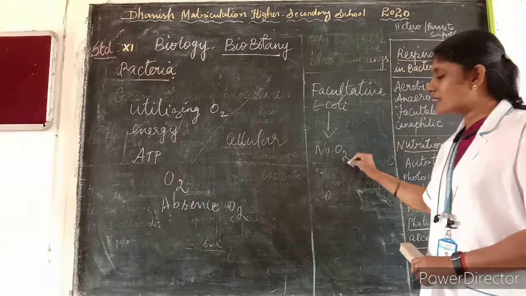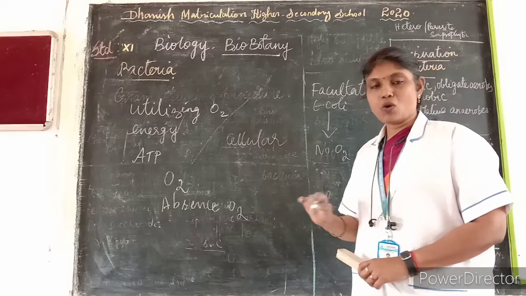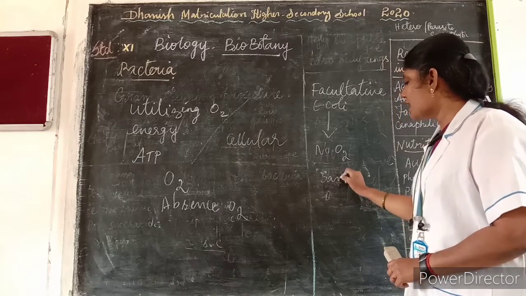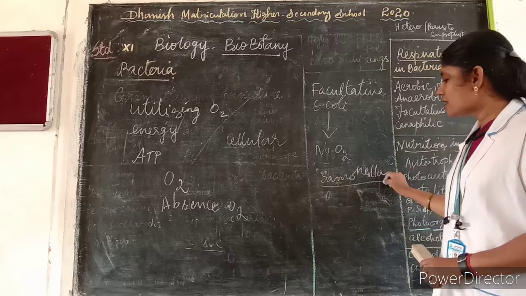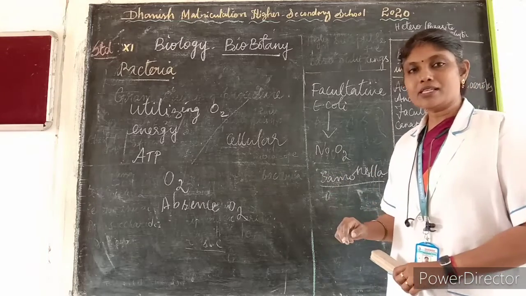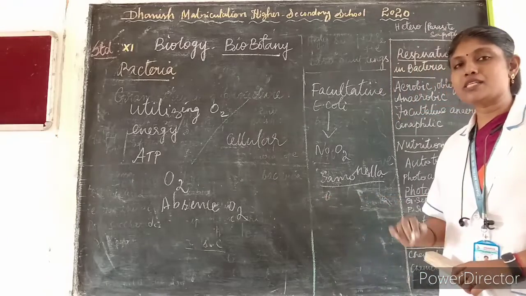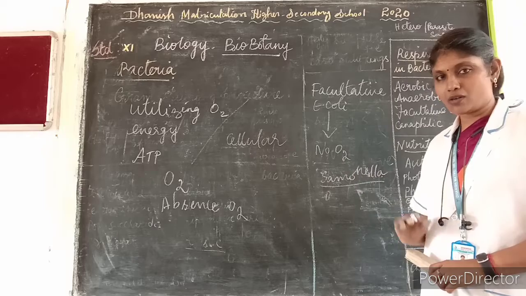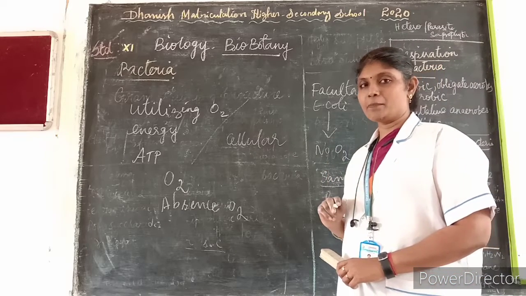Some bacteria can live only in a place where there is no oxygen. An example is Salmonella. Have you heard of the bacteria Salmonella? Salmonella is a bacteria which is able to live only in the absence of oxygen, and it causes the disease typhoid.